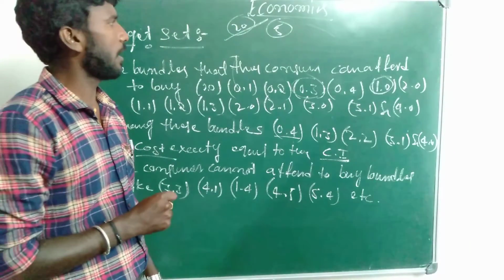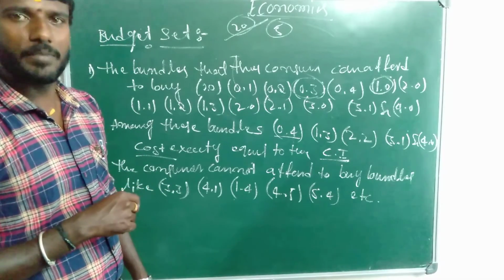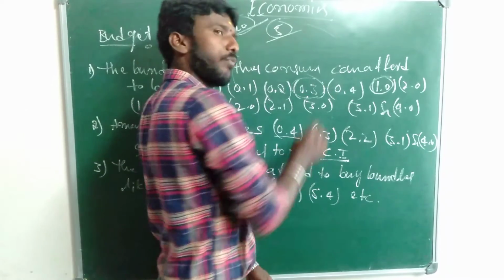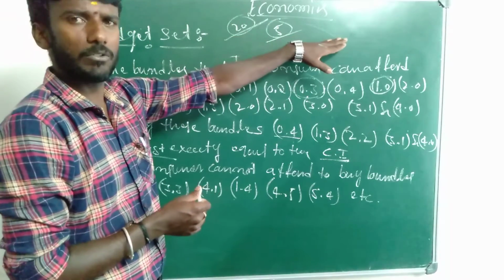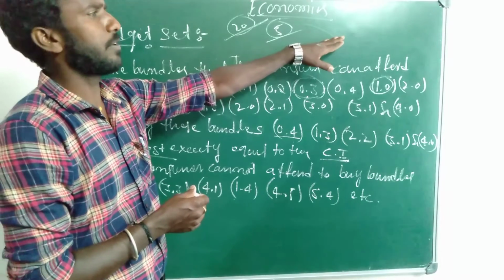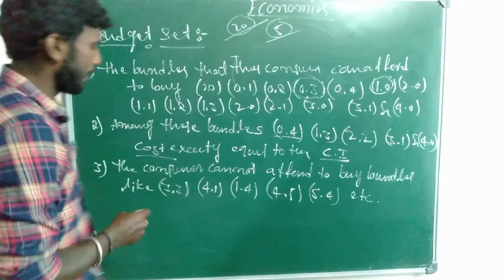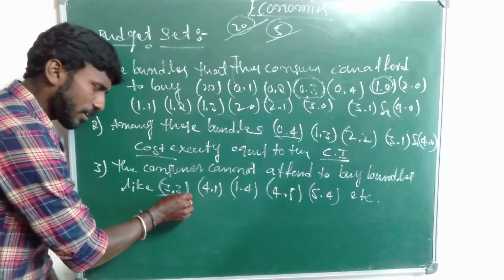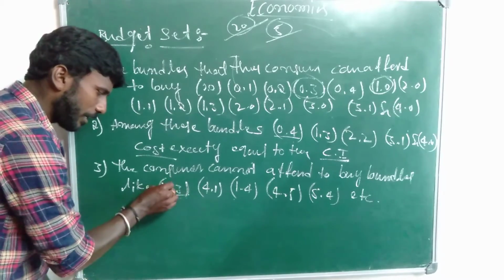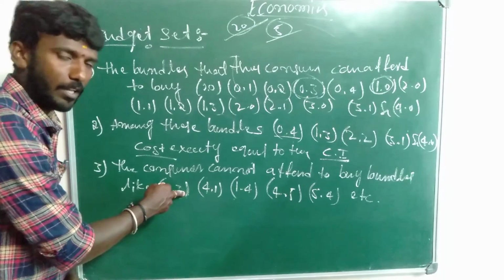How do you know that? In the market, the price of X1 and the price of X2 are each 5 rupees. How do you know that? Consumer income is 20 rupees, there are two goods X1 and X2, X1 price also 5 rupees, X2 price also 5 rupees. Suppose let us consider 3 3. The 3 3 bundle consists of 3 units of X1, 3 units of X2.